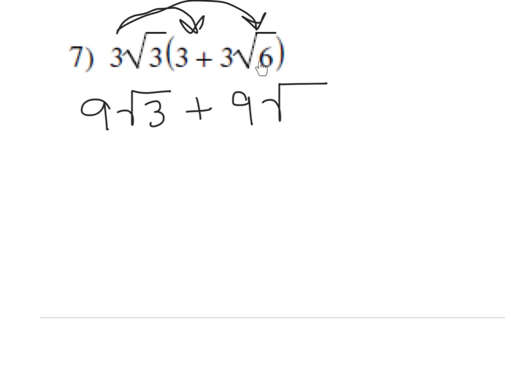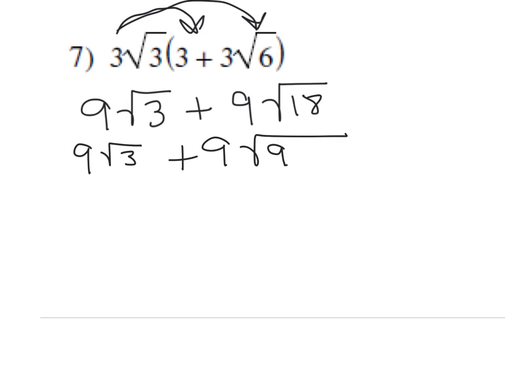So when I multiply these roots together, I actually get root 18. Now, if you notice, these roots are not the same, so we cannot combine them. So I also noticed that my root 18 could be simplified. So I'm going to go ahead and simplify that. So I have 9 root 3 plus 9 root, and this could actually be changed to 9 times 2.